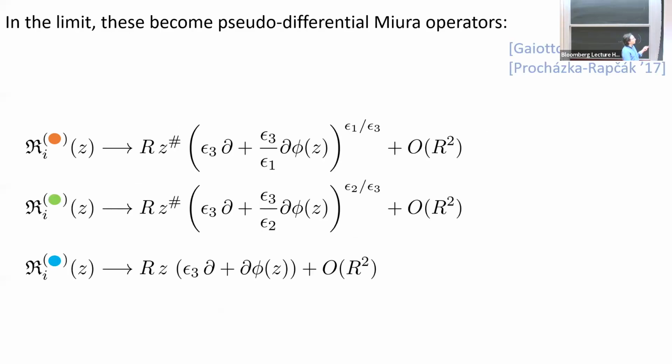So to tell you what they look like in the conformal limit, this is what they look like. Now they look like pseudo-differential operators. These are fractional powers, epsilon1, epsilon3 are generic. Only in the blue case do you get something that's really nice and friendly. Here you have to define this thing through binomial coefficients and the binomial theorem.